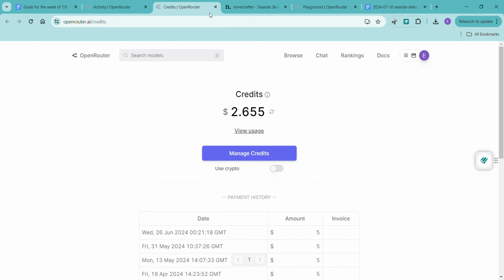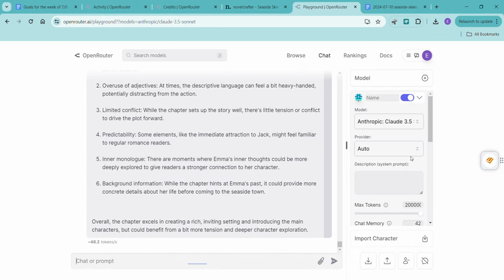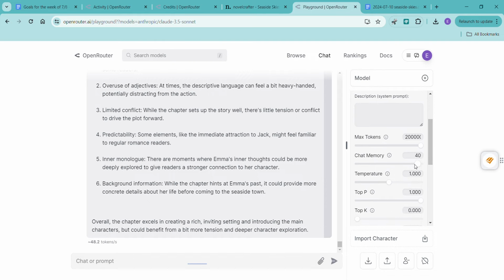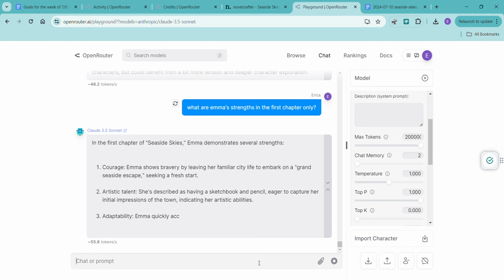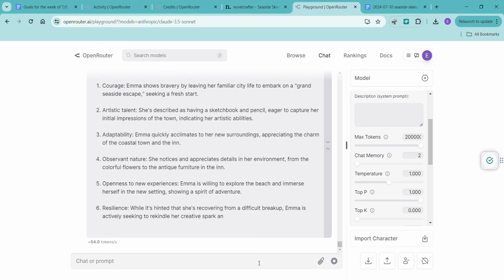Yeah, let me try one more thing. Chat memory 2. I'm going to see if this changes it, because this is it not referencing the past.